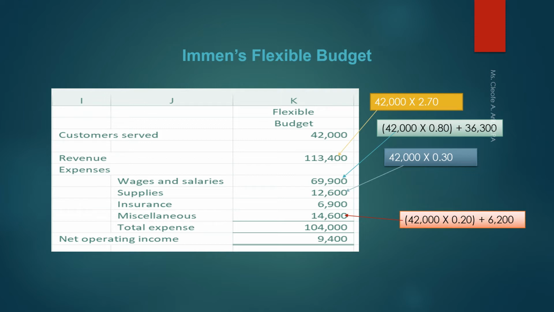And then miscellaneous, you have 14,600, computed as 42,000 customers served multiplied by your budgeted variable cost of 0.20 per unit, plus your fixed element of 6,200. So your total expenses will be 104,000. We simply added your wages and salaries down to your miscellaneous. So having a revenue of 113,400 and total expenses of 104,000, we come up with your flexible budget net operating income of 9,400.